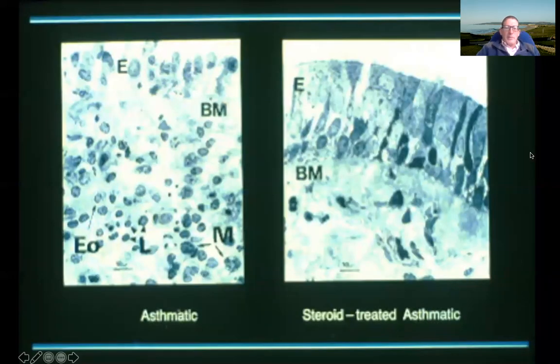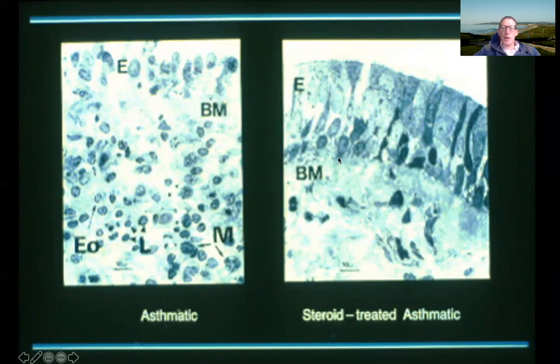This next slide shows a biopsy of an asthmatic. Again, you can see a disorganized mess with the epithelium disrupted, basement membrane, the eosinophils, lymphocytes, macrophages. And then after a month's treatment with inhaled steroid, you can see it's completely changed.